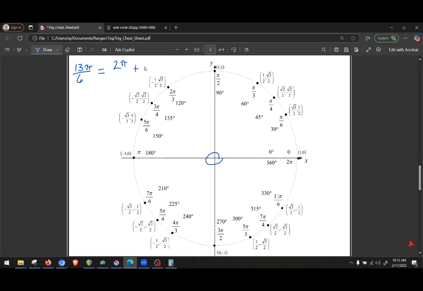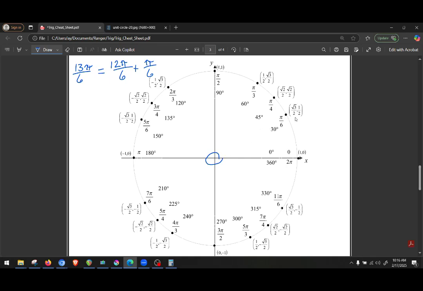So 2 pi plus what equals 13 pi over 6? Well, first let's convert the 2 pi, give it a common denominator here. That's going to be 12 pi over 6, which equals 2 pi. So that means we need to go 1 pi over 6 further. Okay? So that's this point here.